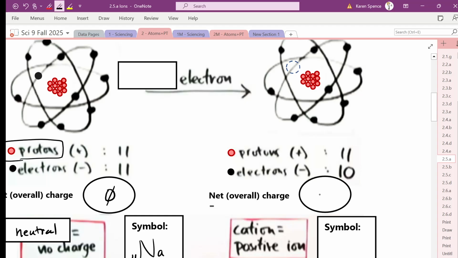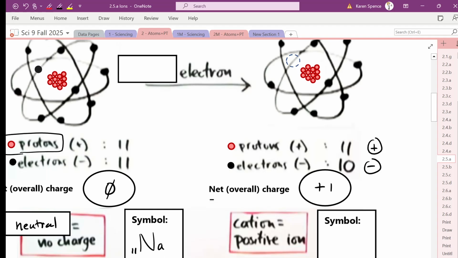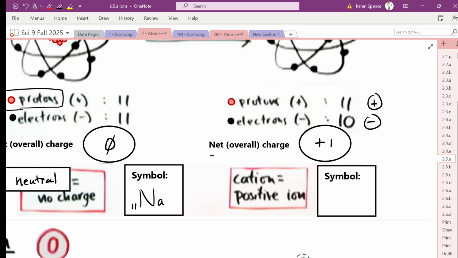So we have a net charge of plus 1 because we have 11 positives and we have 10 negatives. Our overall charge is plus 1. The symbol for this, Na, do you remember how we have something at the bottom left already? And we have something that goes at the top left, even though we don't know what it is right now? A charge goes at the top right.